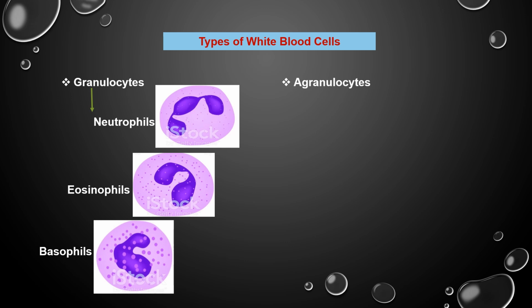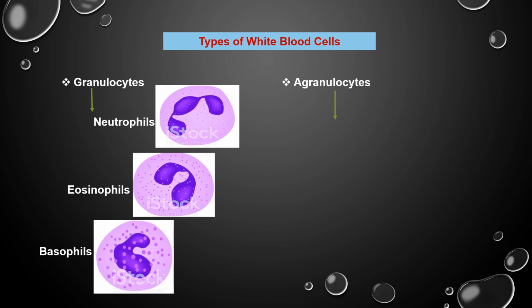Next, agranulocytes. In these, granules are not found in the cytoplasm of the cells. Agranulocytes are two types. First one is lymphocytes.